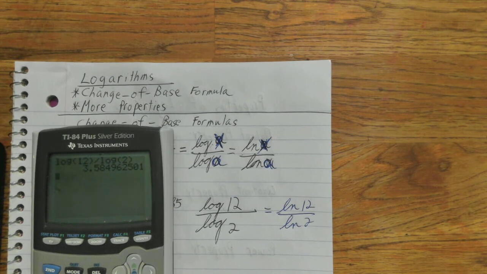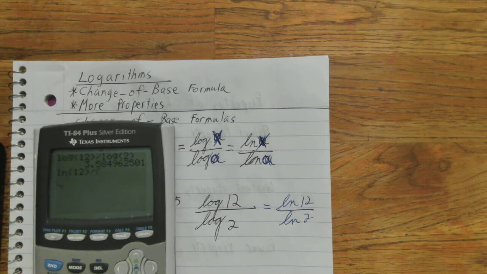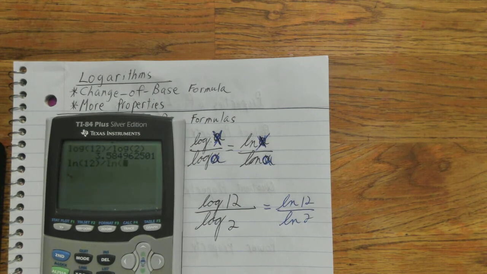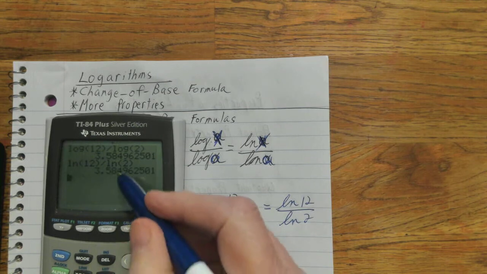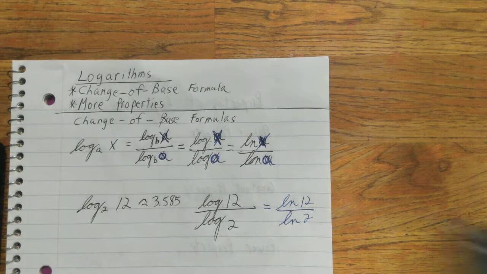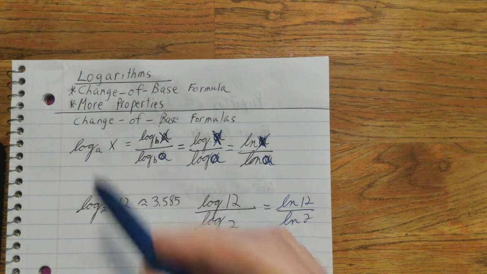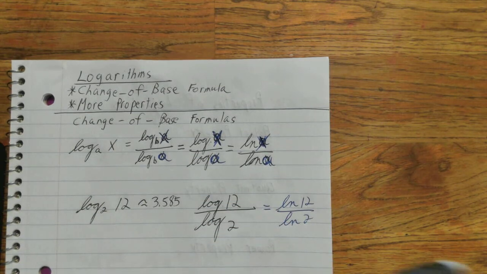Natural log of 12 divided by the natural log of 2. And that gives me the same answer. Alright, so this is handy for these logs.